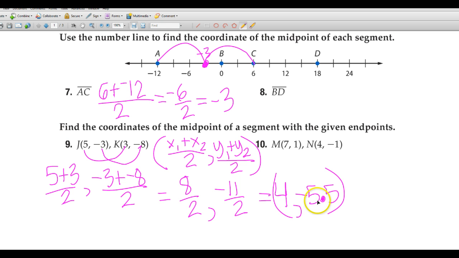So my midpoint would be located at 4, -5.5.